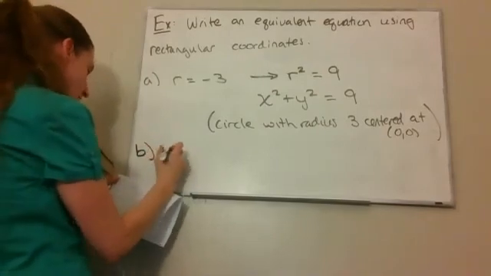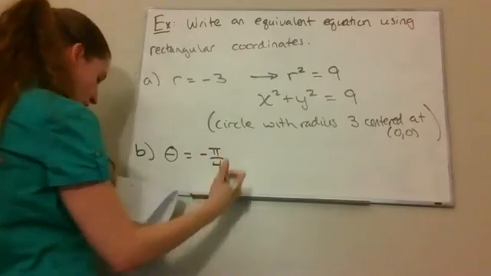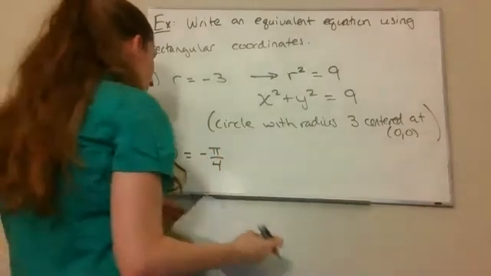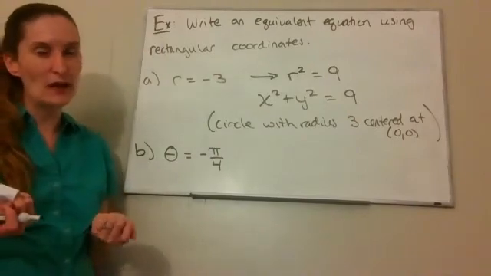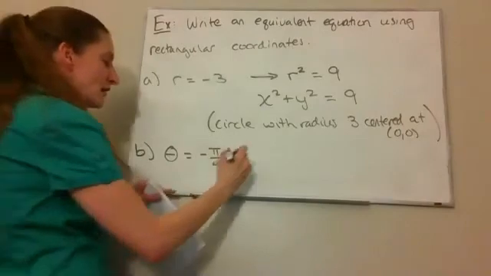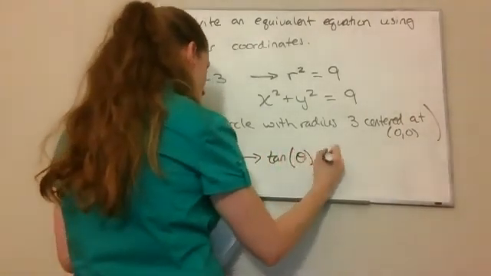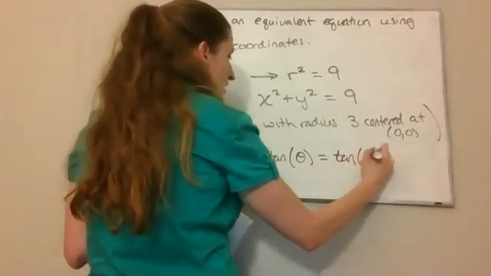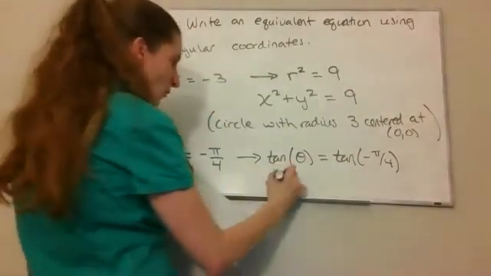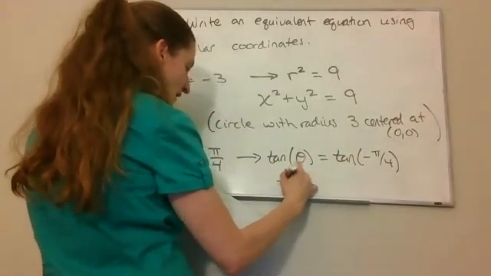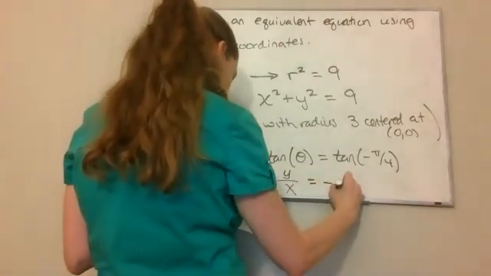Let's do another example. Theta equals negative pi over 4. Well, I know I have an expression for tangent theta. Tangent theta is y over x. So let me rewrite this by taking the tangent of both sides. Tangent of theta equals tangent of negative pi over 4. So I would get y over x for my tangent theta, and the tangent of negative pi over 4 is negative 1.